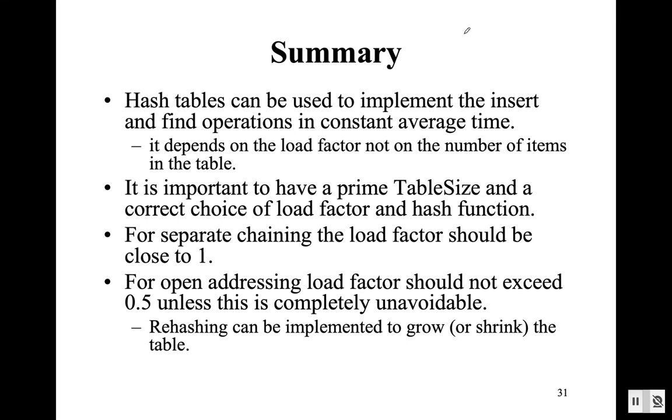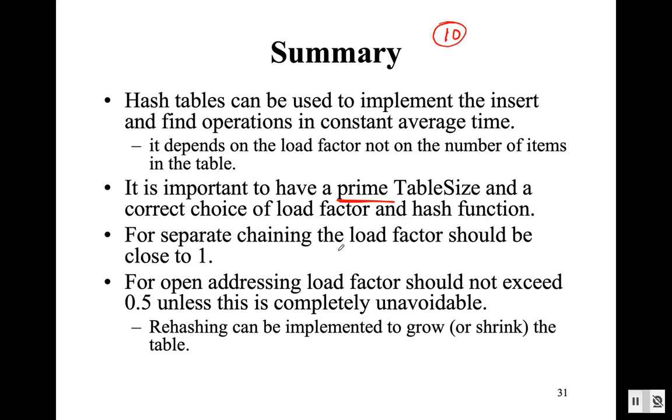We saw the example with table size 10, but in real implementations a prime number is used as the table size. And a correct choice of load factor is very important.